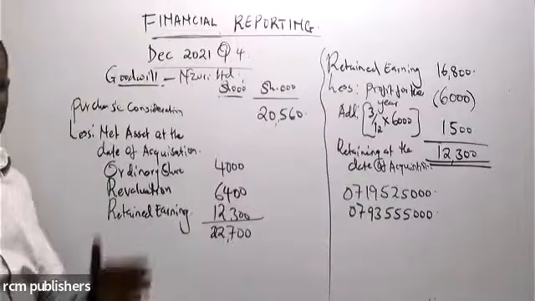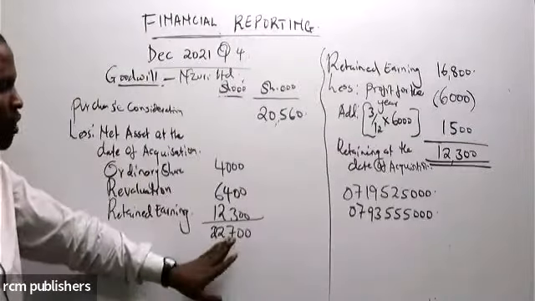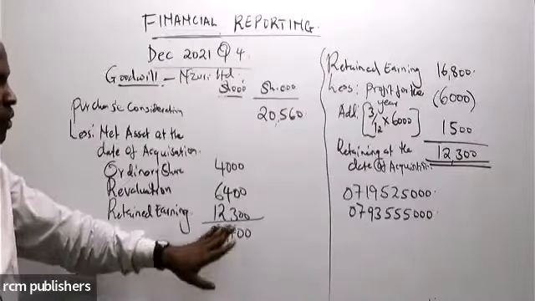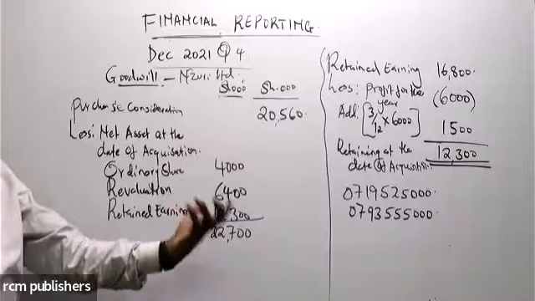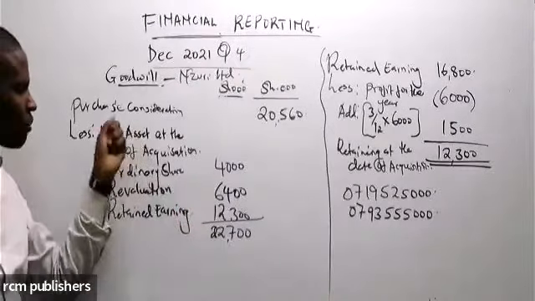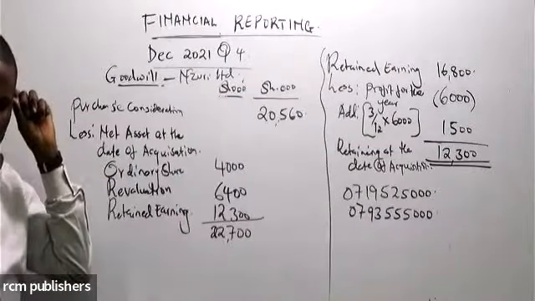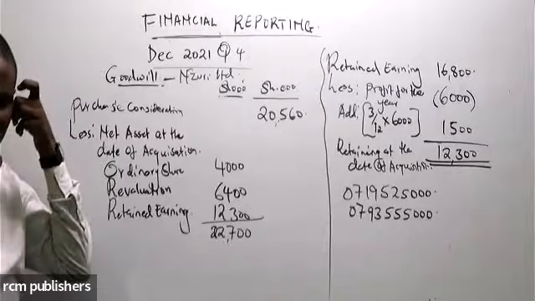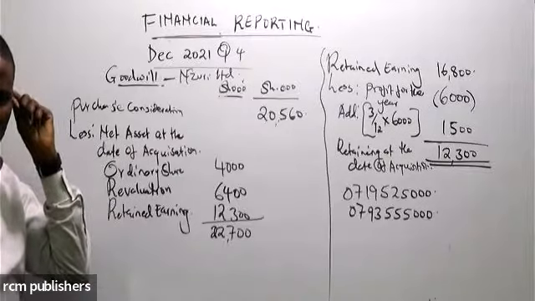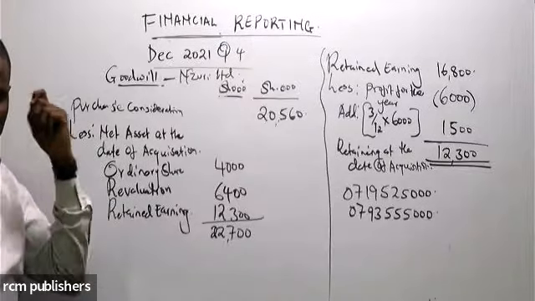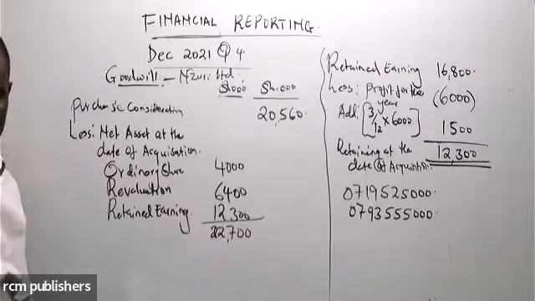2,700. And then you ask yourself, what percentage did our parent limited acquire from Zuri Limited? Which percentage did our parent company acquire from this subsidiary? 80%.